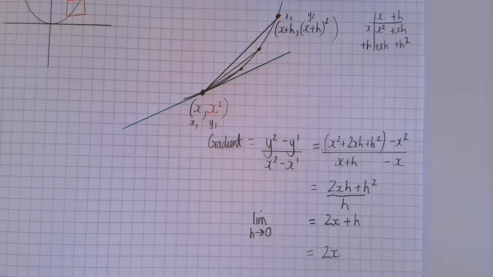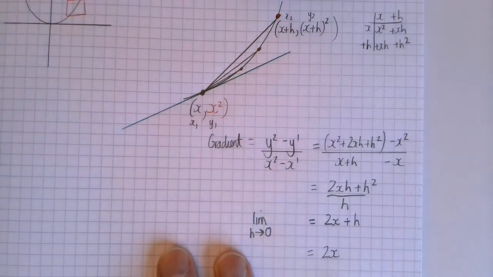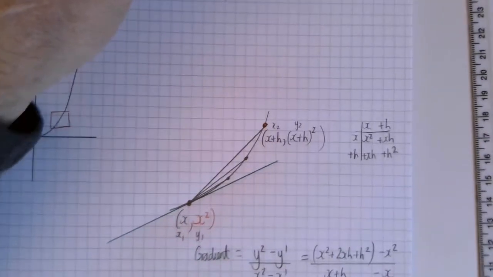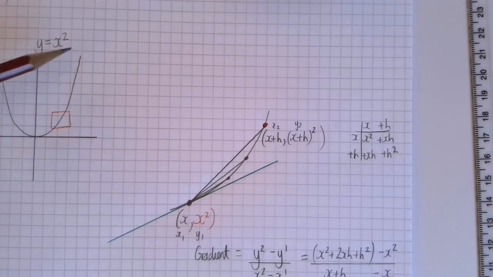And this was a lightning moment in maths, because this was the first time that we had seen that the gradient of a curve was predictable. And it is true that for anywhere on the y equals x squared curve, its gradient is 2 times its x value.